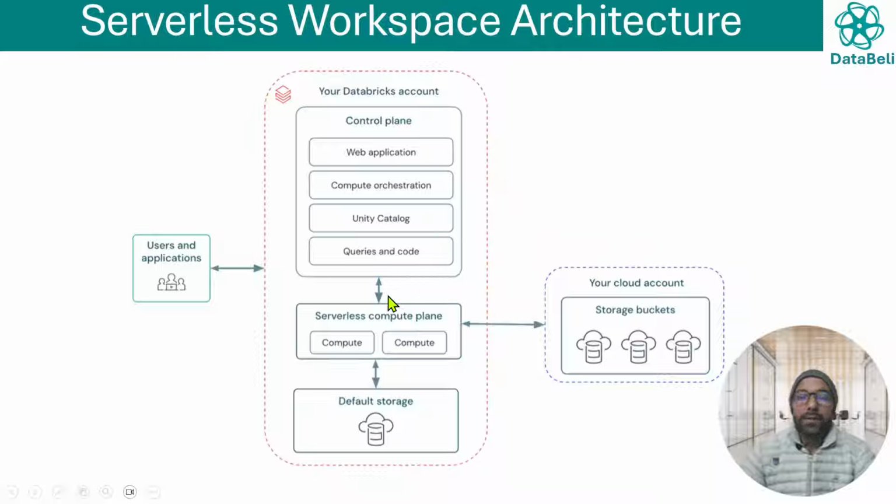Everywhere they recommend that we use serverless compute only, and it also comes with default storage. So the control plane is as it is, there is no change. But because we don't use all-purpose or any other clusters, we don't need a cloud provider for that, and that is where Databricks is trying to play around, that they want to control everything and charge us for everything. So it is part of Databricks itself.